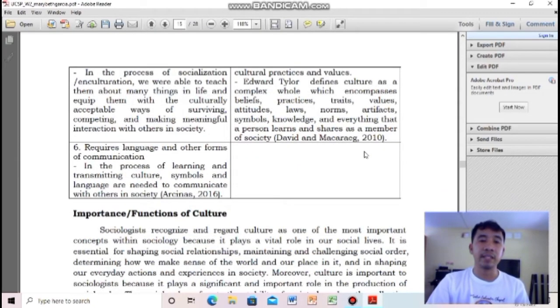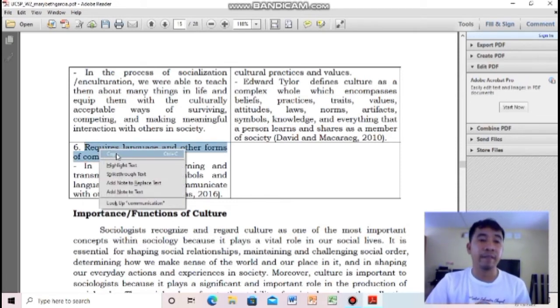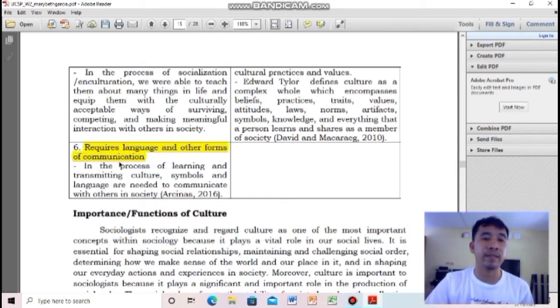Okay. And the last one will be culture requires language and other forms of communication. Yes, language is effective in terms of sharing or enculturation of culture.